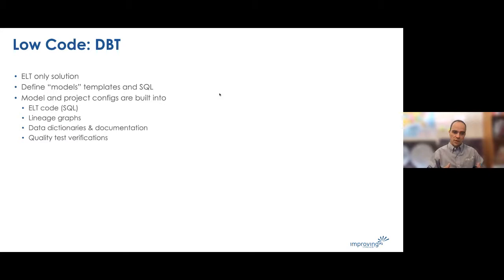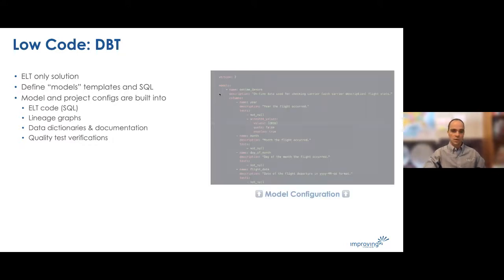But what DBT allows you to do then is reference models within your pipeline, and it hooks them up for you. It creates the graph of how things are supposed to run. It creates which tests are supposed to run. If something fails, what not to run. So if one step fails, don't run the following steps, things like that. So DBT takes care of all that other management for you. And that's a really powerful tool.